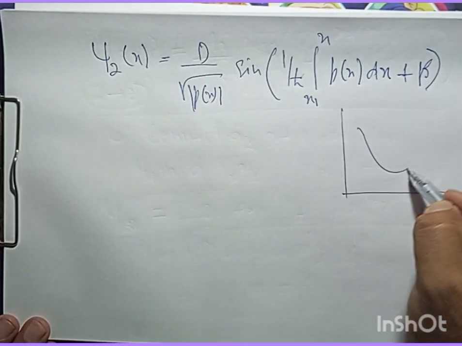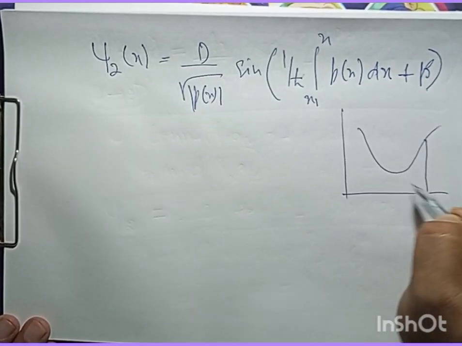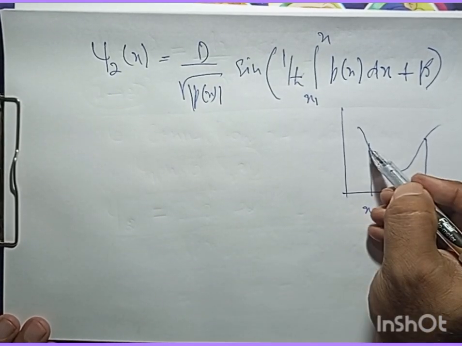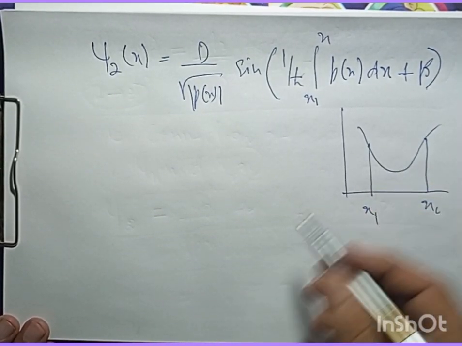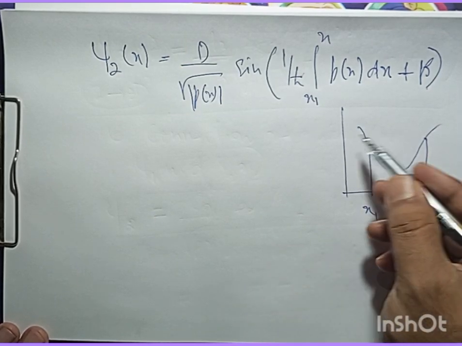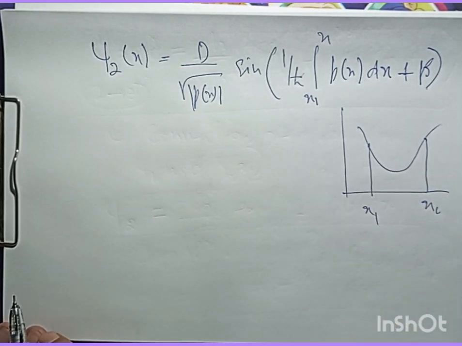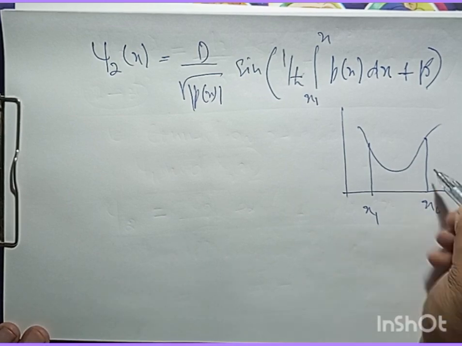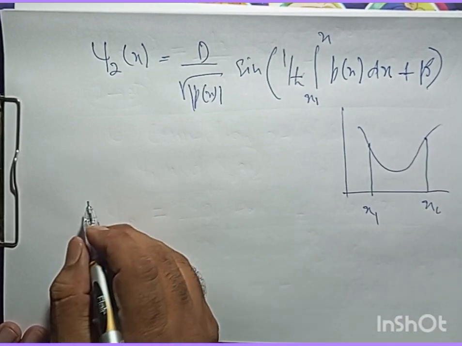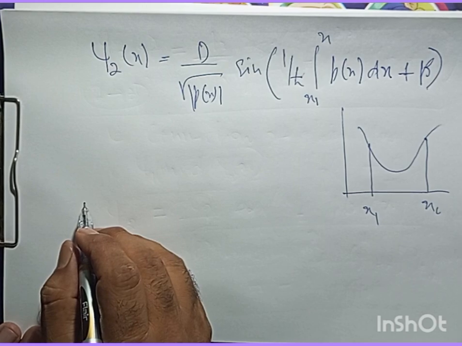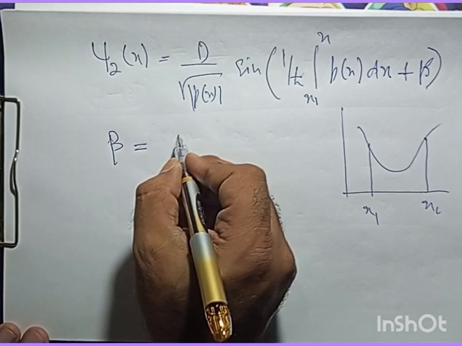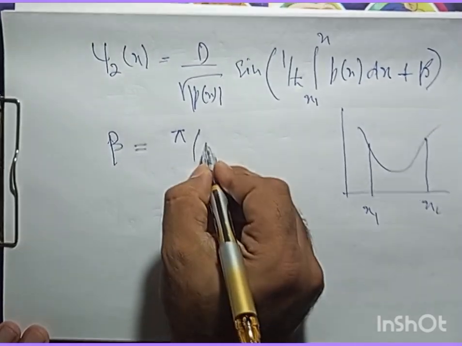If we go back to that symmetrical problem that we have been discussing, so this is x1, this is x2. Now here we have the same kind of situation as we have been talking about, and this problem can be dealt with in a similar fashion as the problem that was dealt with at x2, and doing the same mathematical analysis we will obtain this beta that we have introduced, again equal to pi by 4.